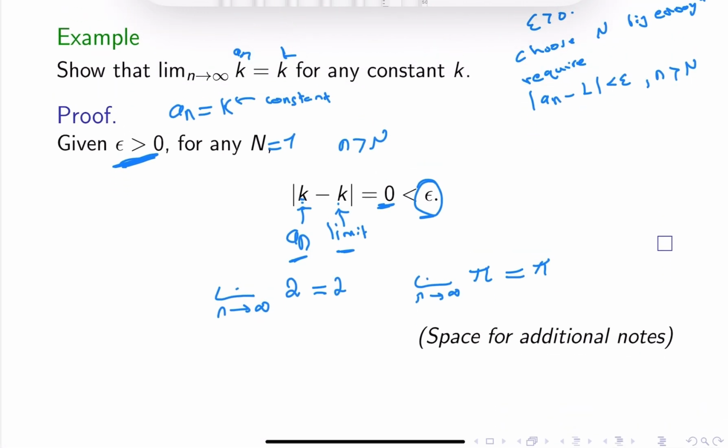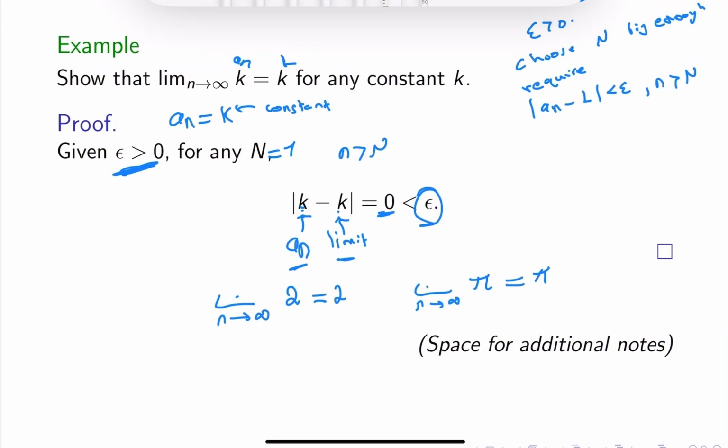So we're now going to continue and do more examples of limits, but this is going to be postponed to the next video. We're going to be presenting some useful properties and facts that are going to allow you to calculate complicated limits.